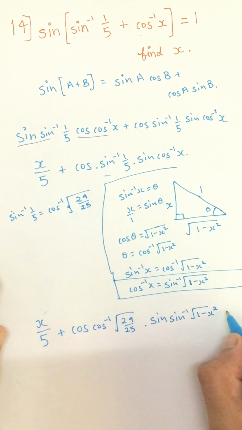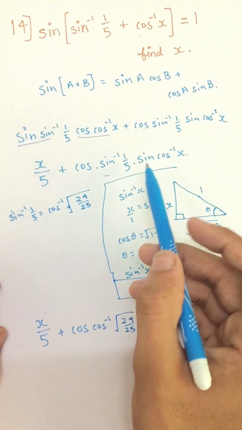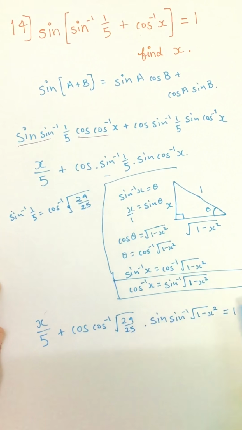So this becomes x upon 5 plus cos of cos inverse of under root 24 upon 25 into sine of sine inverse of under root 1 minus x square. Since cos inverse x is equal to sine inverse of under root 1 minus x square, this is all equal to 1. I haven't written equal to 1, it's given in the question. Since I had to write it everywhere, I just write it over here.